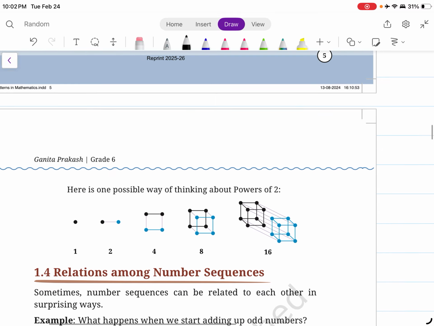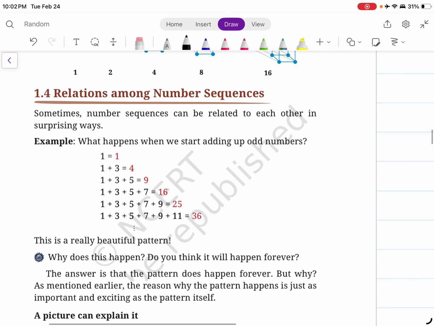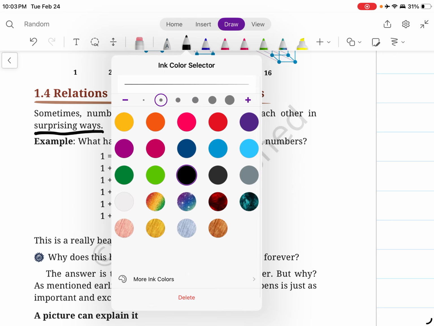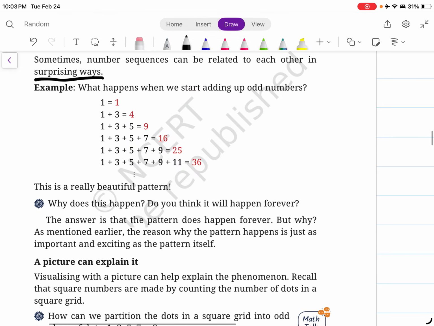Now 1.4, relations among the number sequences. Sometimes number sequences can be related to each other in surprising ways. Example: what will happen when we start adding up odd numbers?